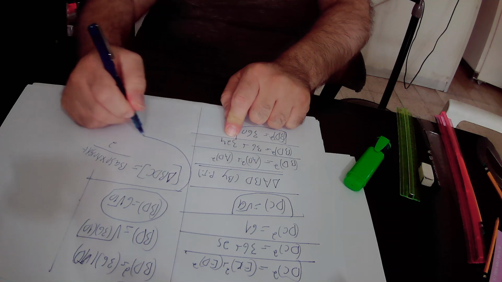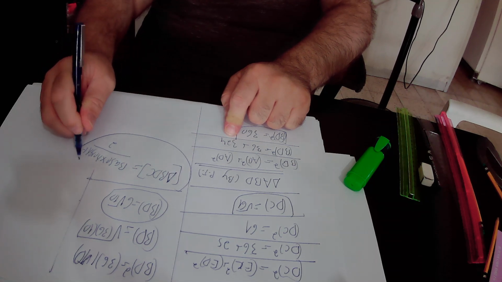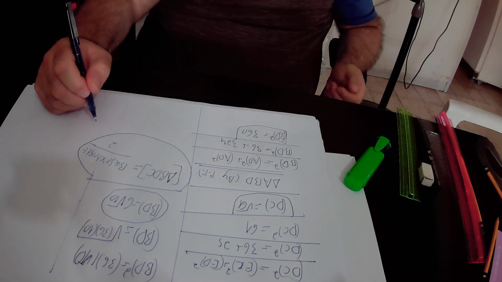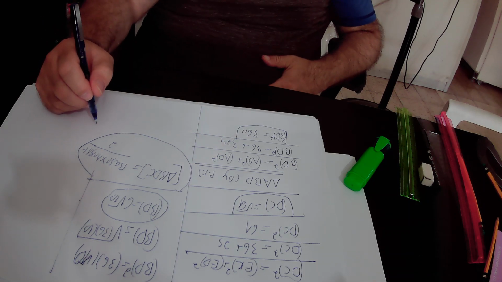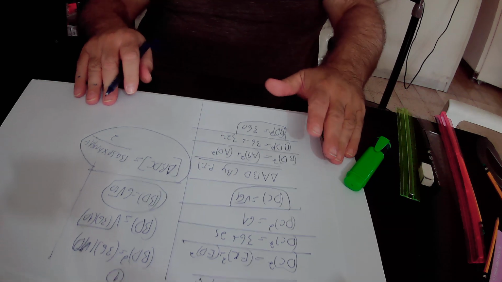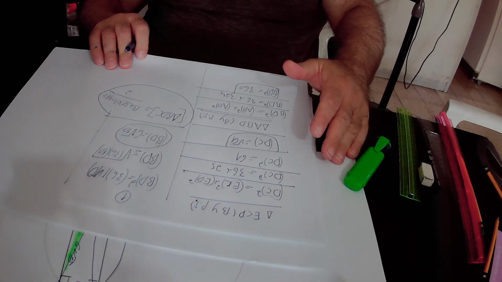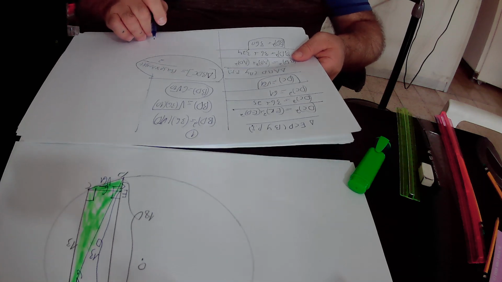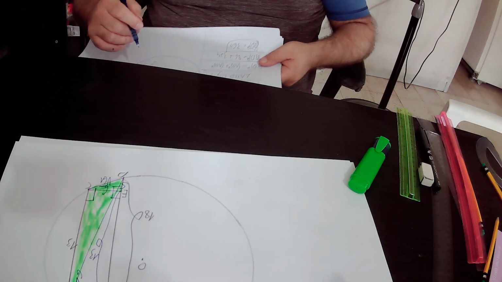Here I must emphasize that the height to the base must create 90 degrees with the base. Okay? So the area of triangle BDC equals the base times the height of it over 2.